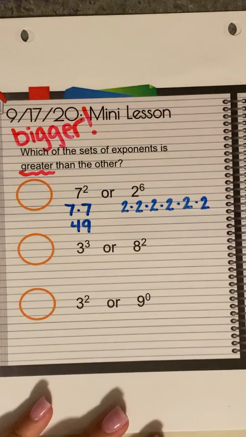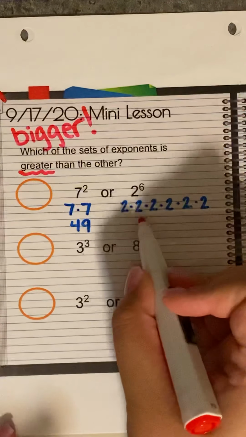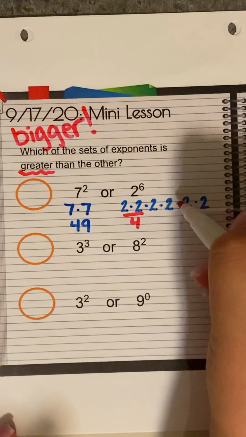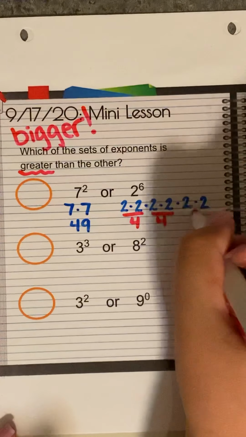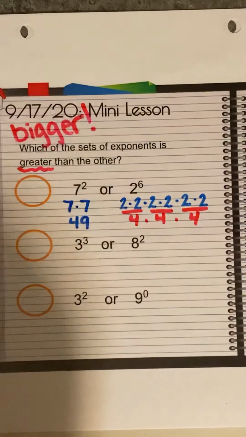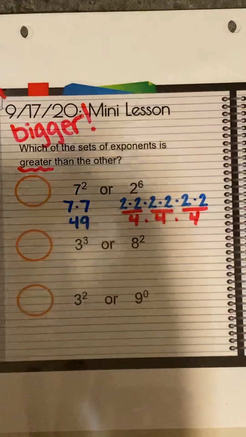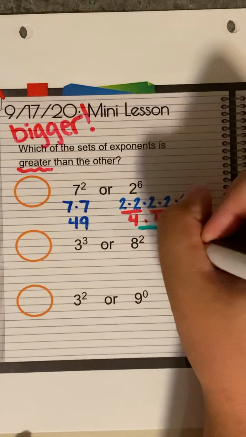All right, let's see. What is 2 times 2? That is 4. 2 times 2 again, 4. 2 times 2 again, 4. And then you can multiply these together. We can only do this because it is all being multiplied. 4 times 4 is going to be 16.